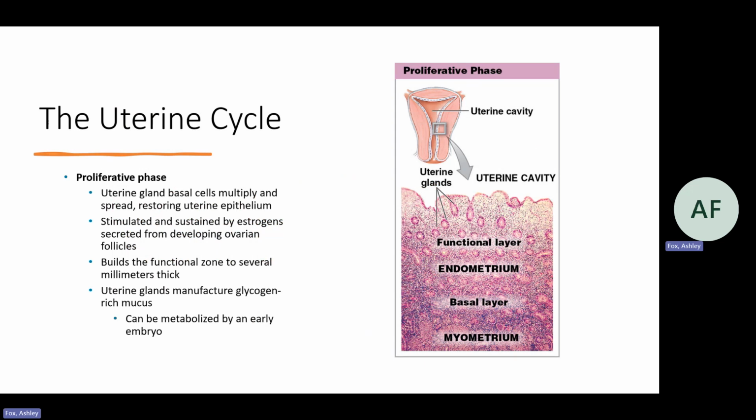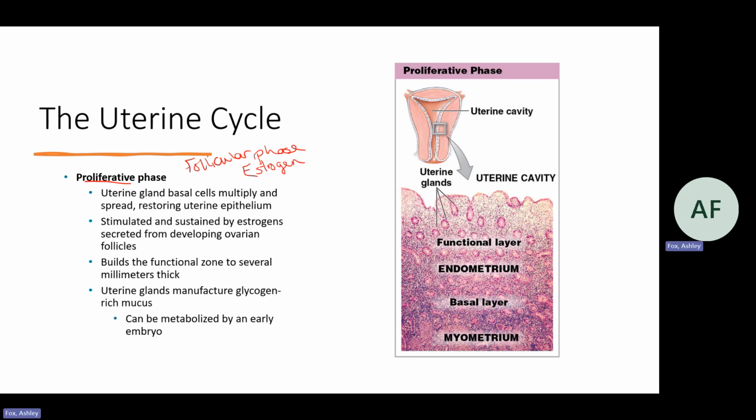After menstruation, we come to the proliferative phase. The proliferative phase occurs during the follicular phase in the ovary. So the major hormone that we're going to be seeing is estrogen.